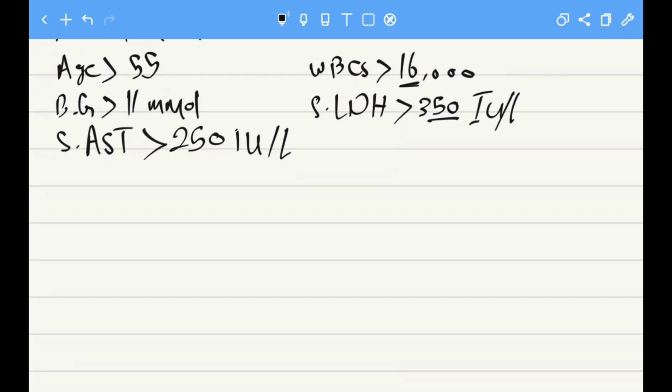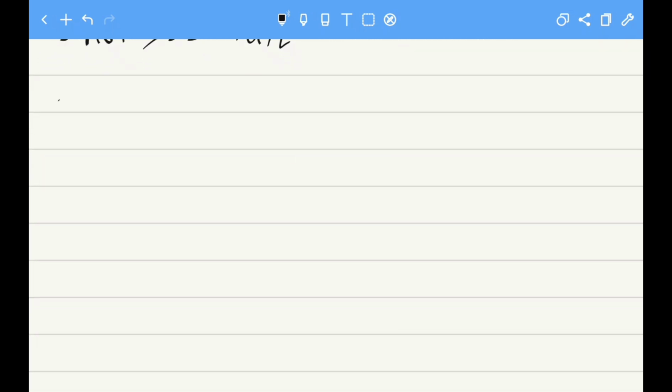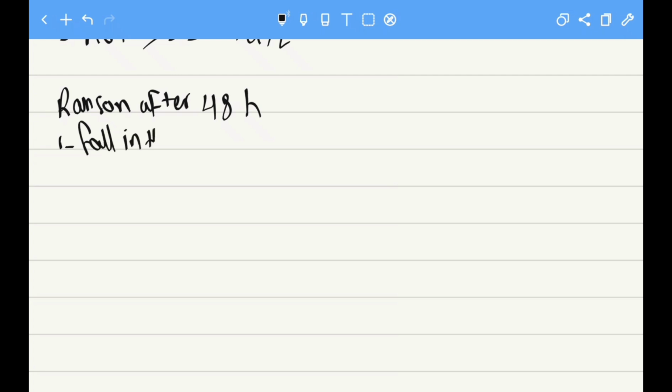Okay, there are other Ranson criteria, but after 48 hours. First, a fall in the hematocrit of more than 10%.